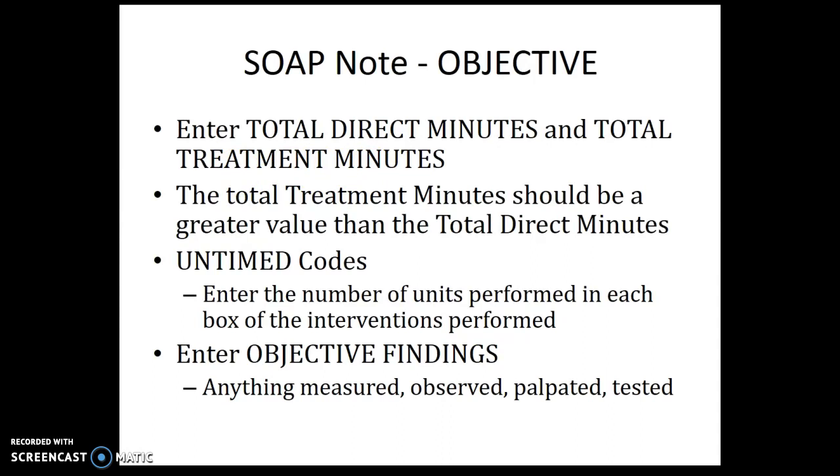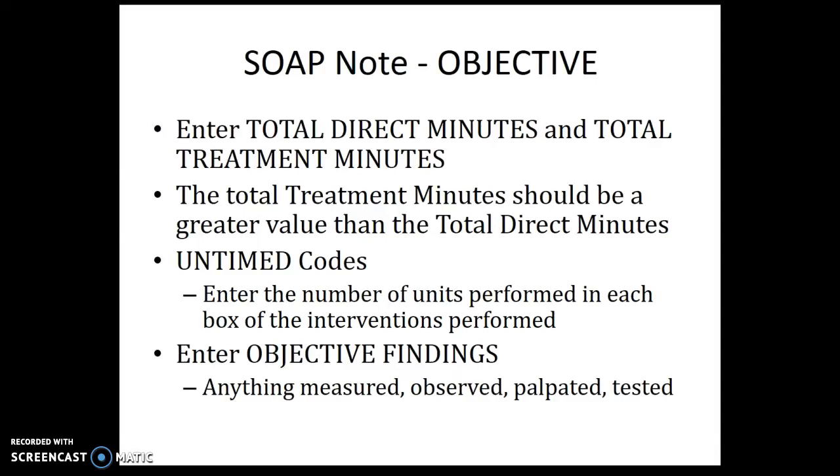It should never be more. The direct treatment minutes is the number of minutes that you have spent one-on-one working with your patient. Someone may be there for an hour and a half, but you only worked with them for maybe an hour because maybe there was time before or after the treatment where they were using modalities, and that didn't count for their direct treatment minutes.